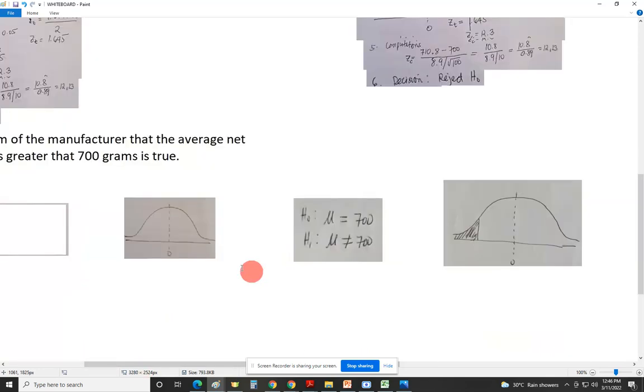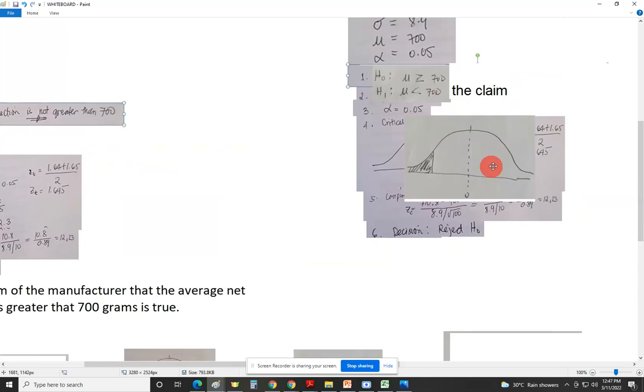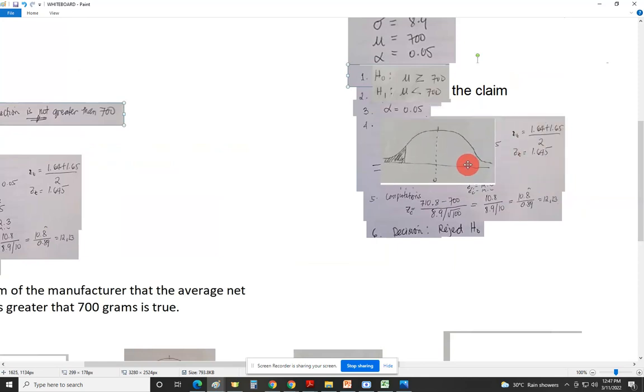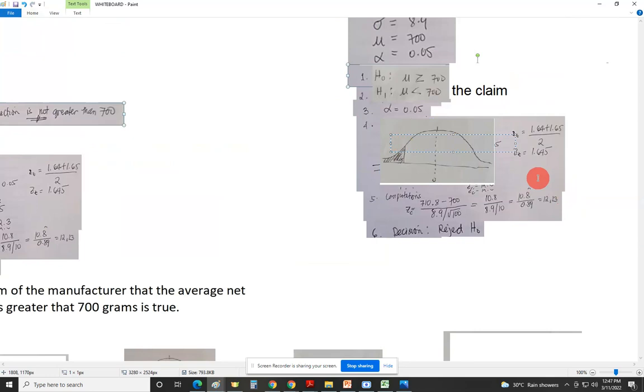Okay, I will just cover it. I already prepared this. Next, alpha is the same, 0.05. That is the measurement of the alpha.